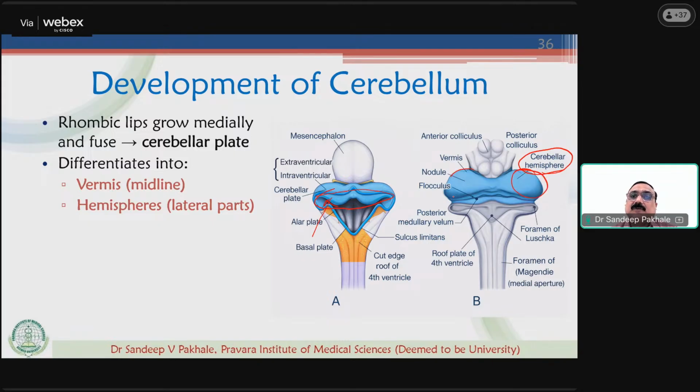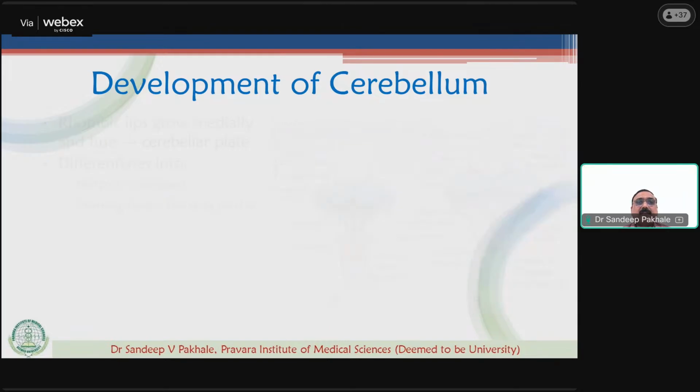The vermis is primarily involved in axial coordination, while the lateral cerebellar hemispheres contribute to fine motor control. So this portion is called the cerebellar hemisphere, and this midline portion is called the vermis. From a simple pair of lateral thickenings, we get a midline structure and bilateral hemispheres, forming the basic architecture of the cerebellum.